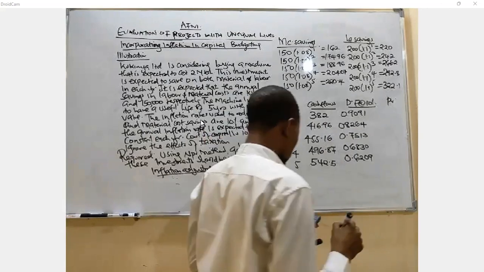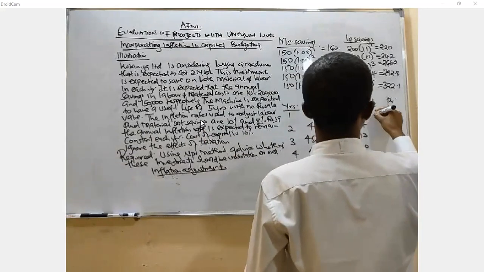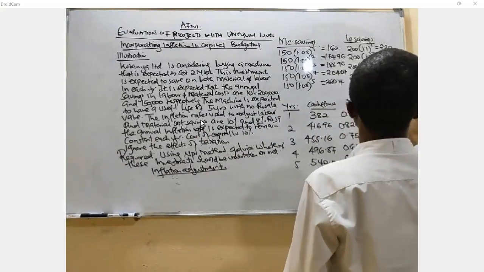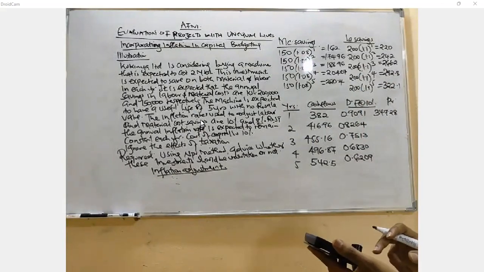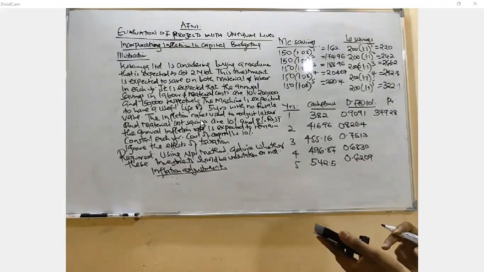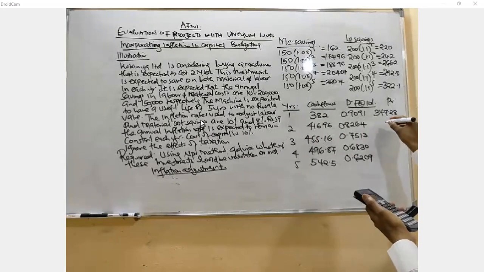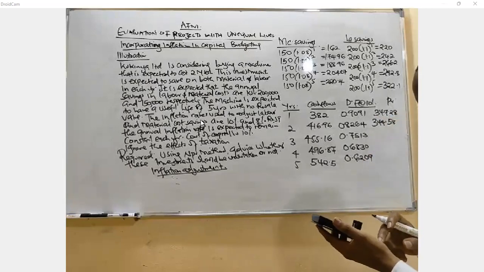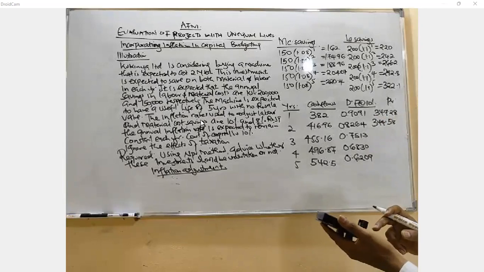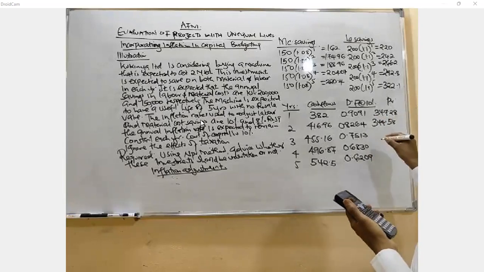Yeah, I'm getting 347.28. The other one will be 416.96 times 0.8264, getting 344.58. 455.16, we multiply by 0.7513, 341.96.